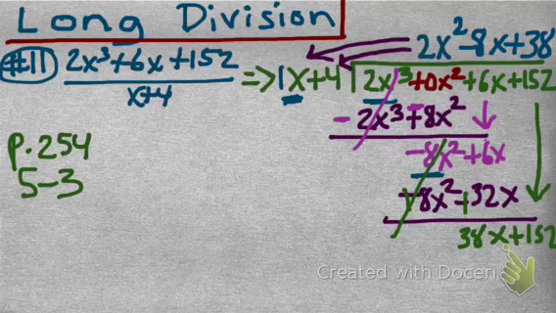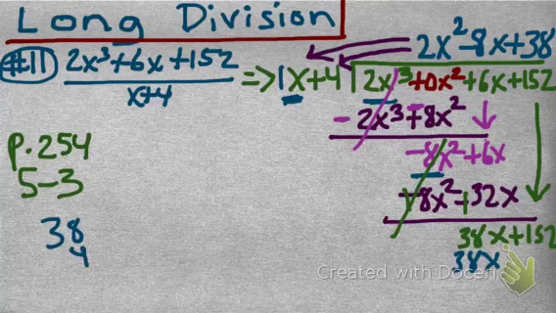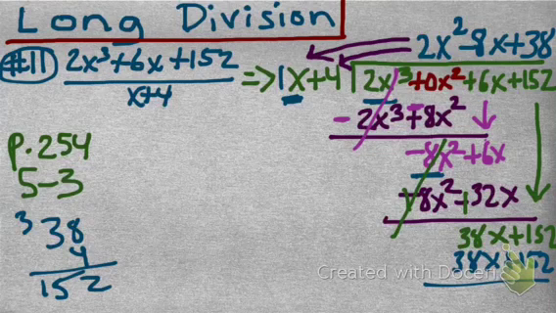So we get 38 times x, 38x, and 38 times 4, let me do some multiplication over here: 32, 12 plus 3, 152. Hey, that turned out nice. Plus 152. Before I combine, change the sign: minus 38x minus 152. And hey, they both cancel. So I have no remainder. My final answer is boxed up there in orange.